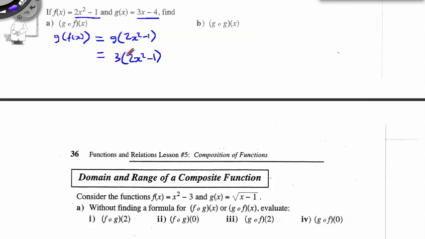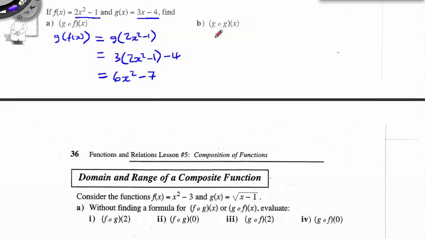Okay, so 3 times the input function and then minus 4. We can simplify this by multiplying out the brackets. 6x minus 3 and then take away 4. That makes it minus 7.